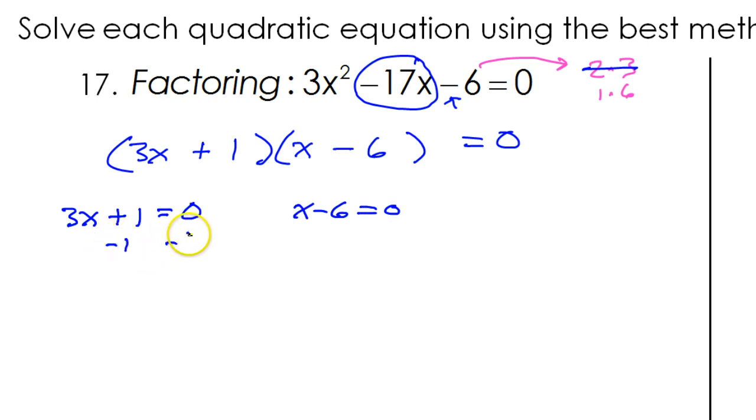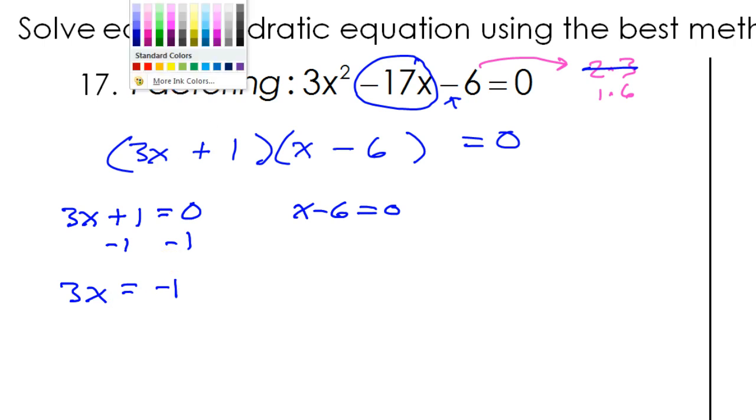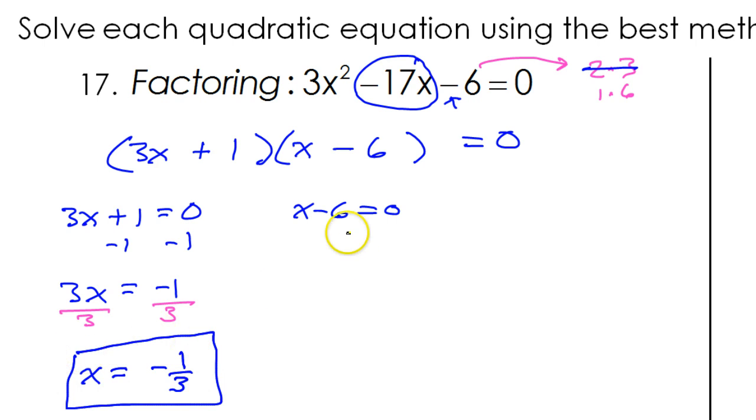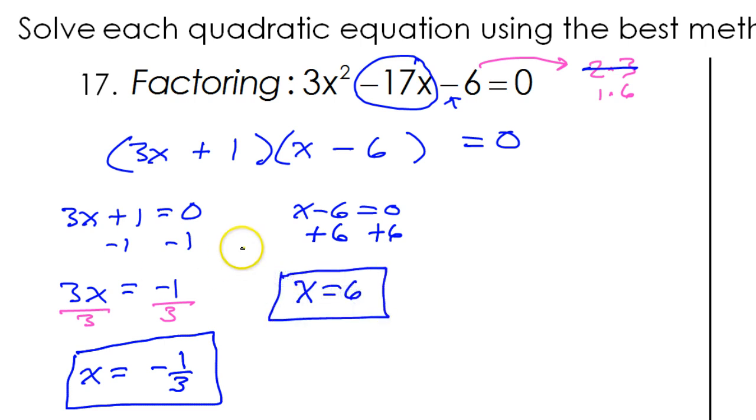On this one, if I subtract 1 from both sides, I have 3x equals negative 1. Then I divide both sides by 3, and I get x equals negative 1/3. So that's one solution. This side is simpler. I add 6 to both sides, and I get x equals 6. So those are the two solutions for number 17.